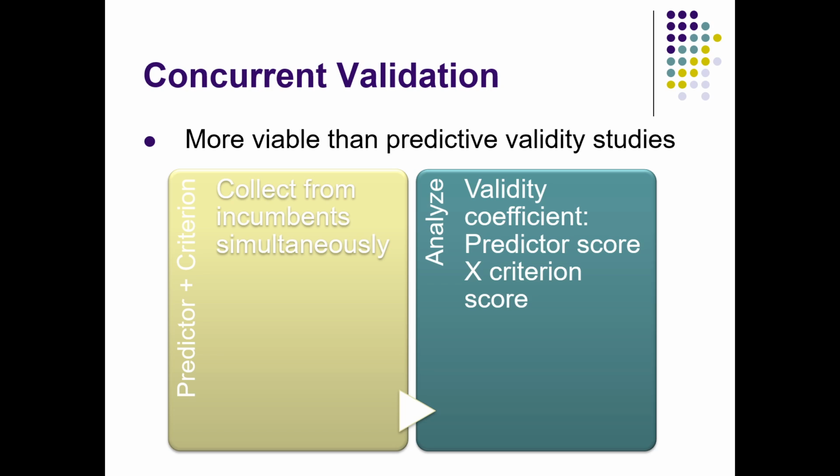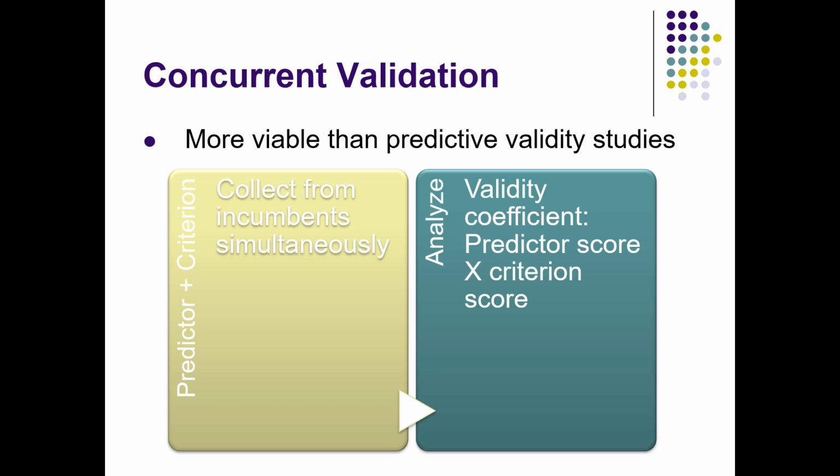So we're actually going to do a correlation on these incumbents, between how we are rating them as incumbents and then how they perform on those predictors. You can see how this could be a lot less expensive and risky because these are people who already work for us. And we can right now find out whether the people who we are judging on the job to be successful are actually the ones who are scoring higher on the predictors.